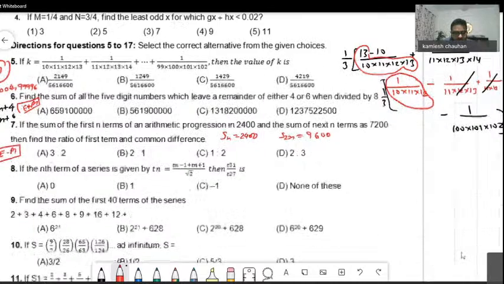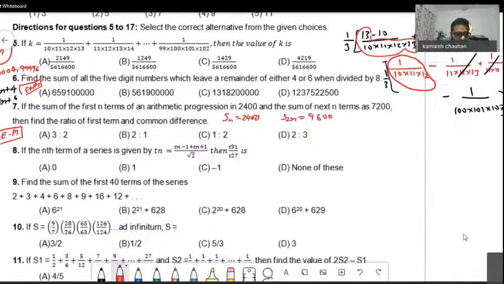Question number 8. Nth term of this series is given by this. Tn is this. T1 is not given to us. Cool, so this is what is given to us. ये Tn plus 1 है, plus 1 नहीं है, it is something like this.